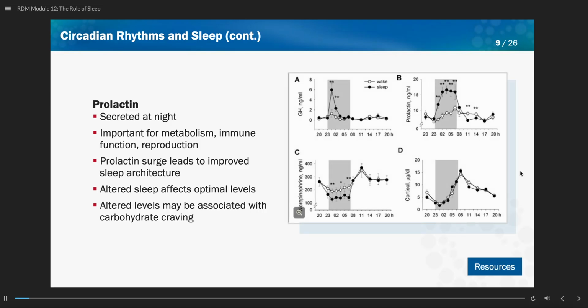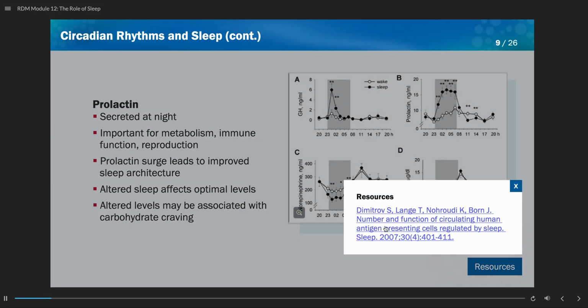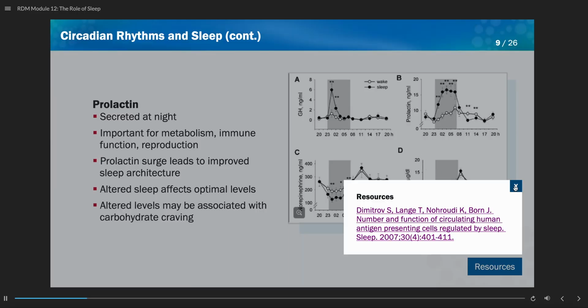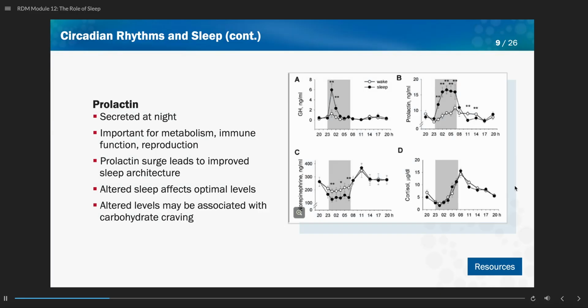We also see at the same time that prolactin is released in that same time period. Prolactin is secreted at nighttime, and it's important for metabolism, immune function, and reproduction. And we see this concurrent prolactin surge that overlaps the growth hormone and the melatonin. This is really important because prolactin helps to improve sleep architecture and is probably related to the stage 3-4 deep sleep.